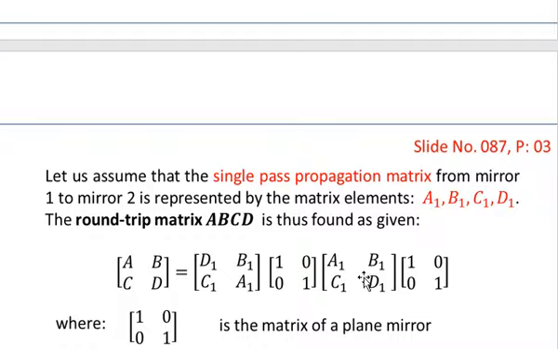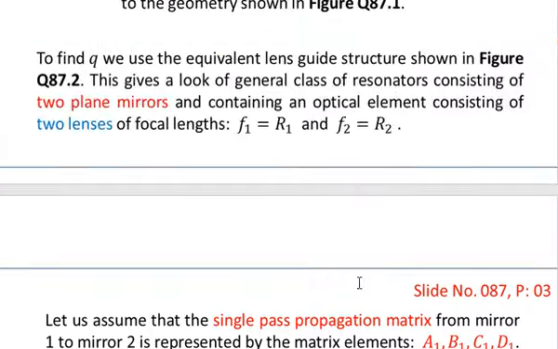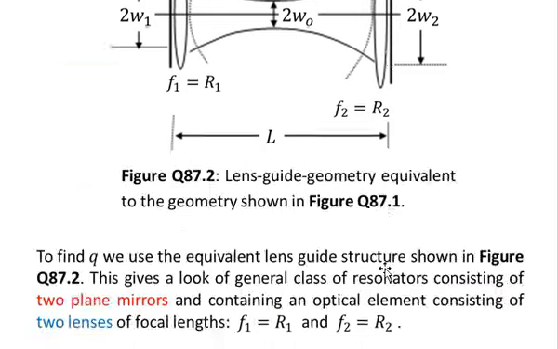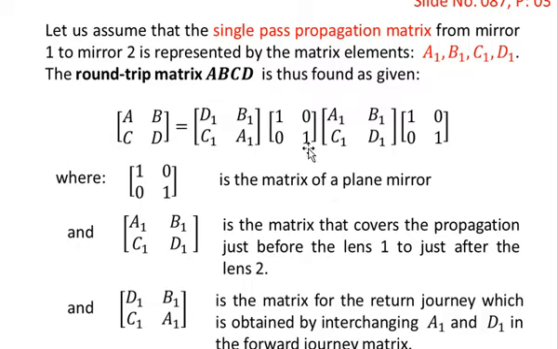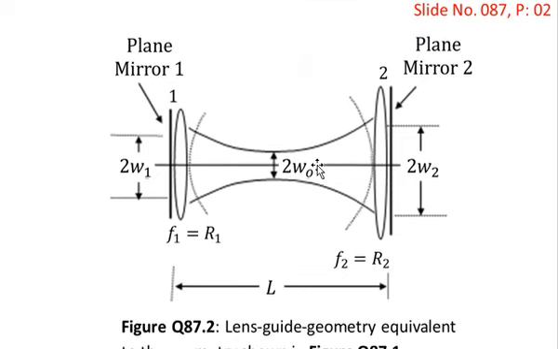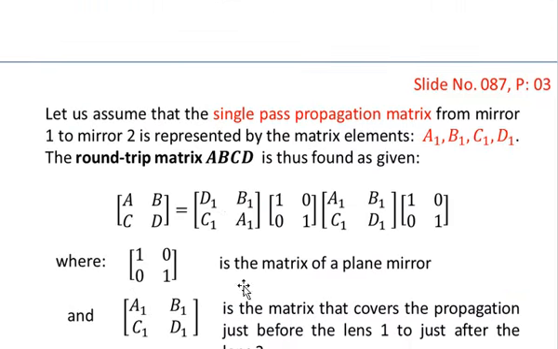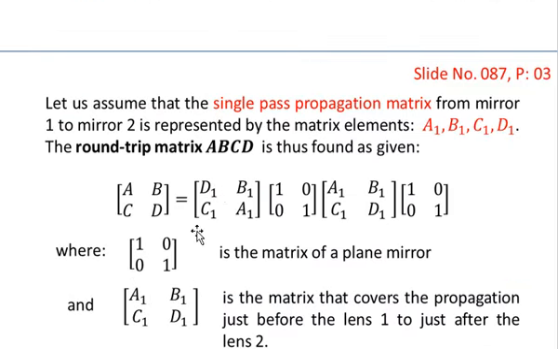This matrix will provide you the field just before mirror 2, and then the rays will hit mirror 2 and be reflected back. The reflection is carried out by the third matrix, which is 1, 0, 0, 1, and then the field will travel from just after mirror 2 to just before mirror 1, governed by the matrix D1, B1, C1 and A1.